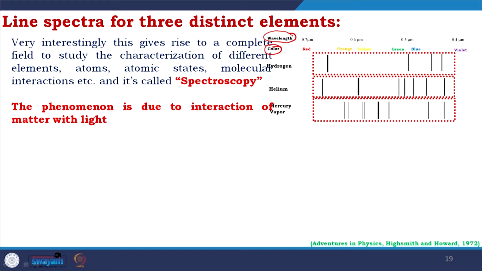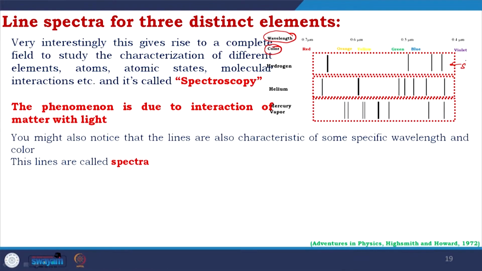So, you get more characterization of those spectral lines. So, that would help you towards developing the core concept of the spectra. These lines which we have are called spectra.